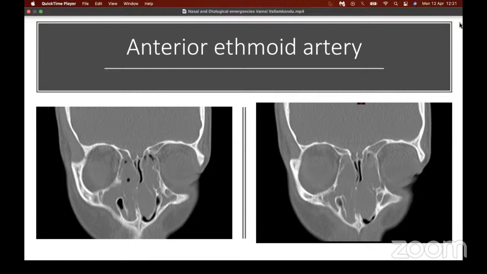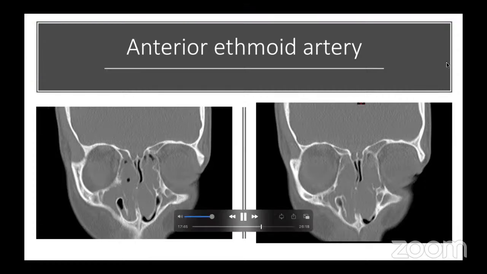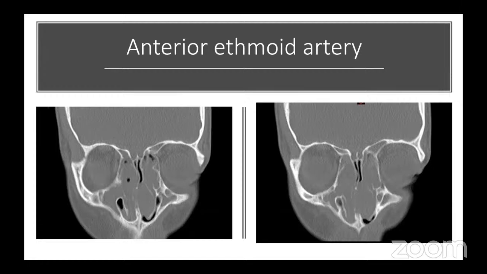There is another patient, a 15-year-old girl with extensive nasal polyposis, and you can see the anterior ethmoid artery is much low-lying than the one we saw in the earlier image, which was almost flush to the skull base, but this is much low-lying with a mesentery connecting the orbit to the lateral lamella of the cribriform plate.